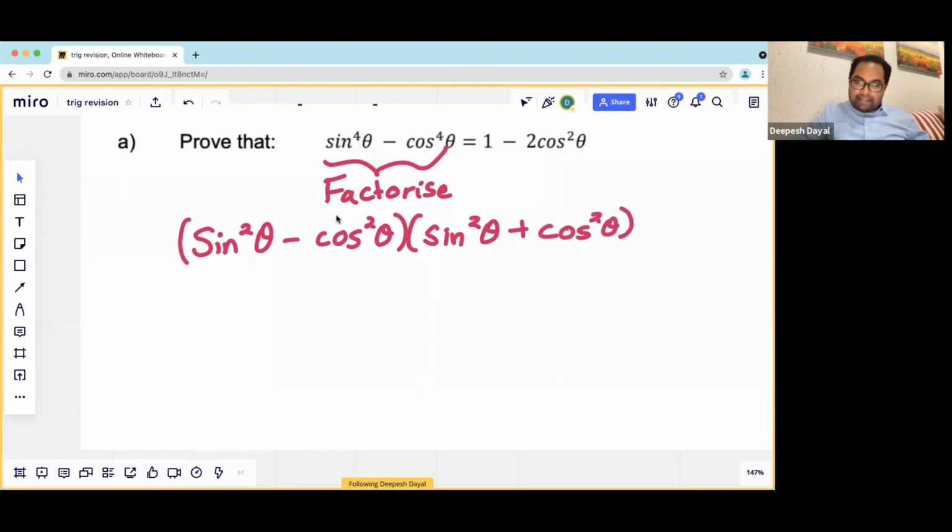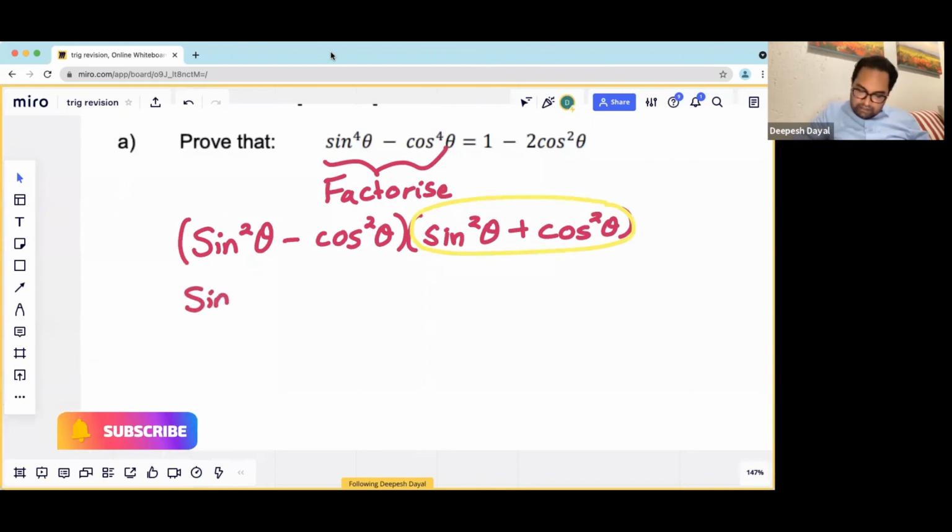Now remember, what is sine squared theta plus cos squared theta? What does it equal? Yes.